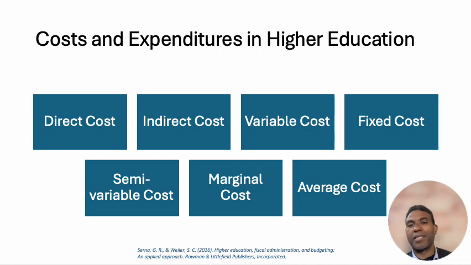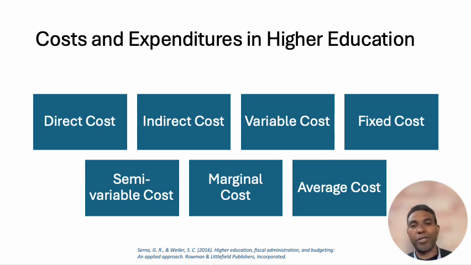Marginal cost is basically how much it costs to add an additional unit. It gives the example of enrolling another student in a class. If that same instructor is going to teach all those students, and they have access to the learning management system, what's the additional cost of offering that service to that student?